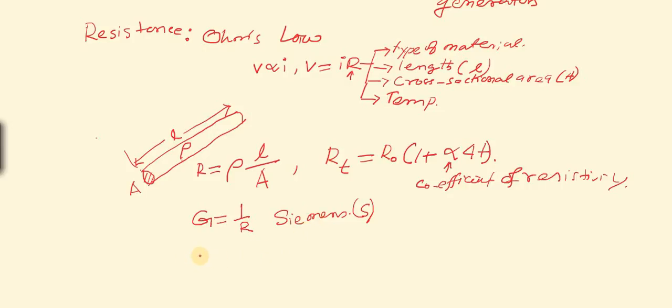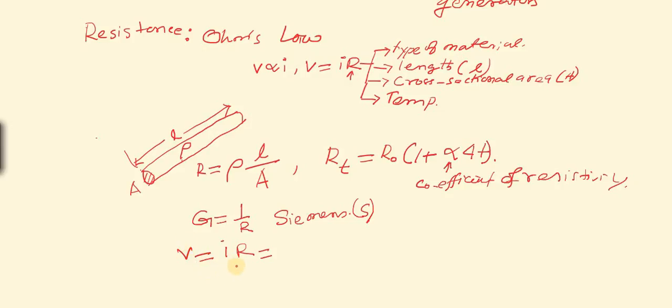Now Ohm's law, in Ohm's law we have seen V is equal to I into R. Now this I, in definition of charge, we have seen this I is the flow of charge.